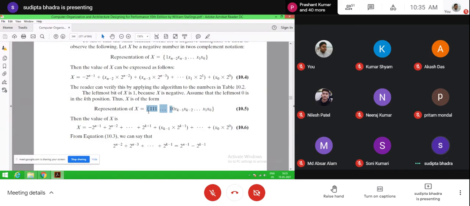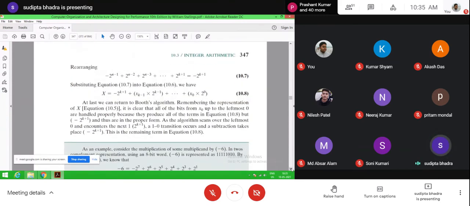And then we can get that any particular number x that is negative can be represented in the particular form which is present in 10.8. Okay.